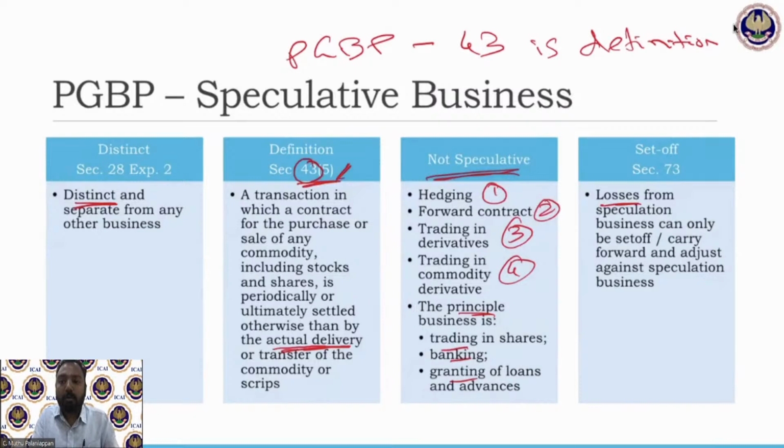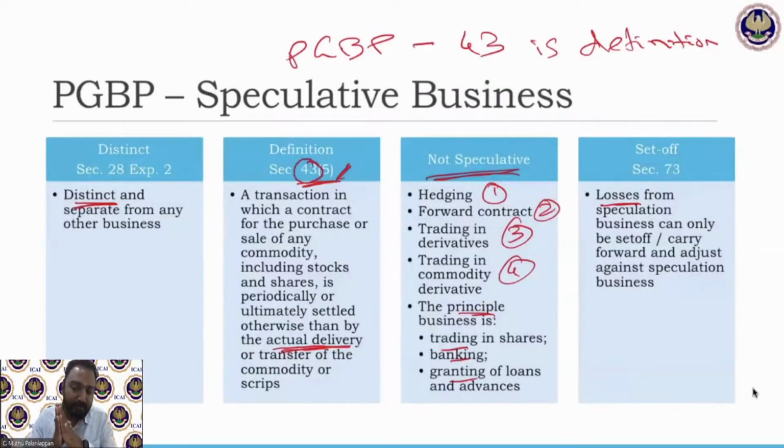We discussed what all will be called business or profession, and the charging section, section 28, and what all will be listed there. Finally, we discussed speculative business. With that, we'll move into computing business and profession.